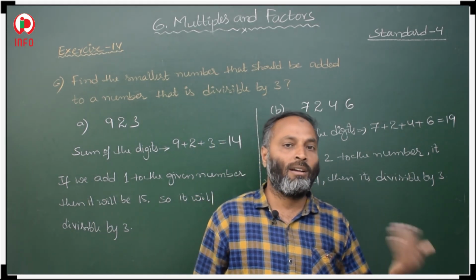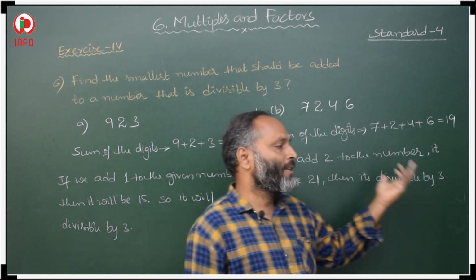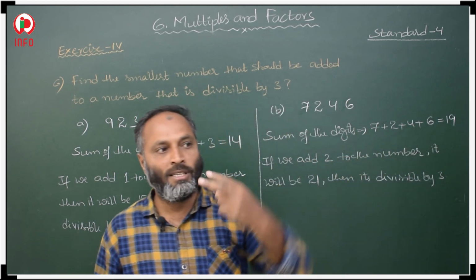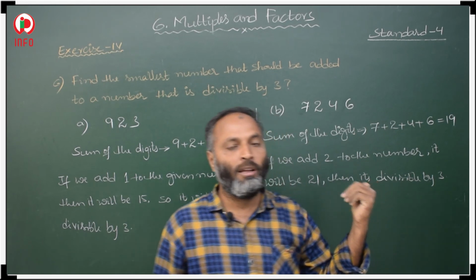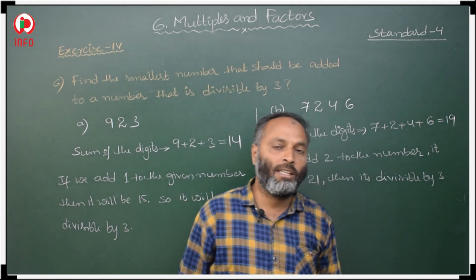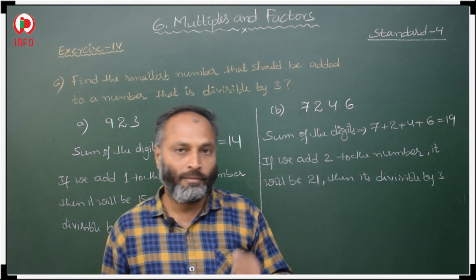He is asking for added, not minus. Added means we have to take extra. So 3 7s are 21, the very next value more than 19. The difference is 2. If we add 2 more to the number, it will be 21, and in that case it will be divisible by 3. So in this way we have to think and write what number should be added. Okay, okay students.